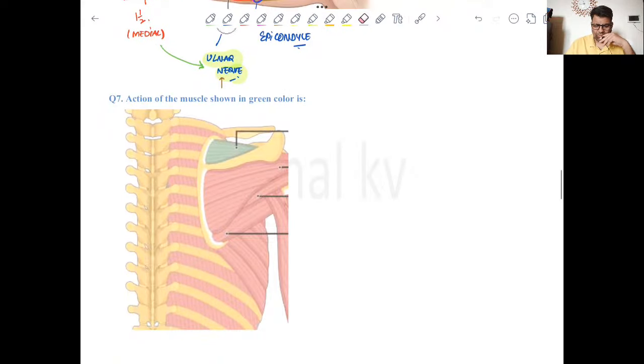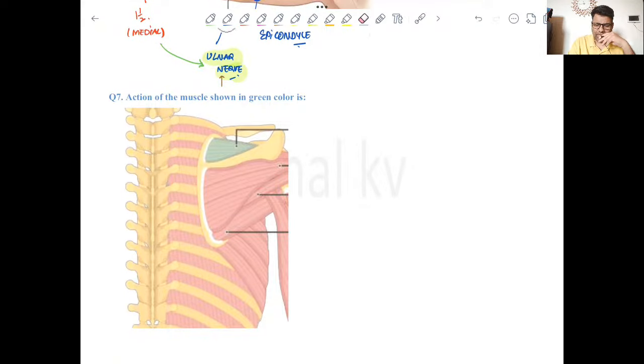Chalo, moving forward. Now, what muscle is shown in the image here? I think it is very easy to identify. Most of you must be knowing the answer, but those who don't know the answer, let me tell them the trick. Now, this bone is scapula. Clear? This bone is scapula, and in the scapula there is a spine.